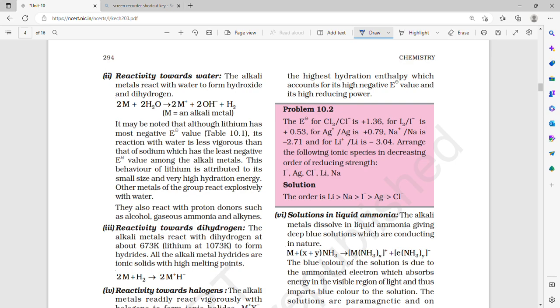Now we come to reactivity towards water.